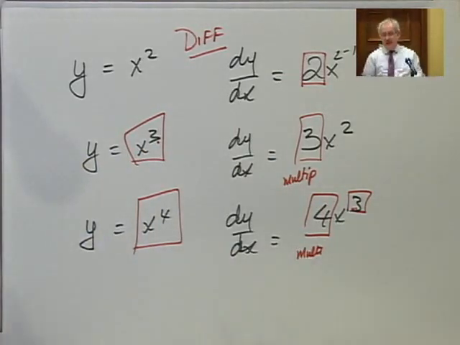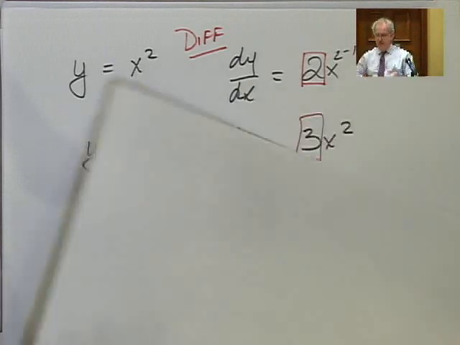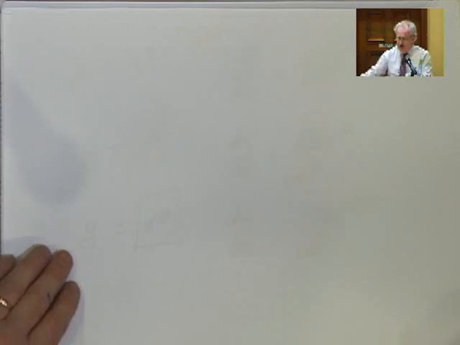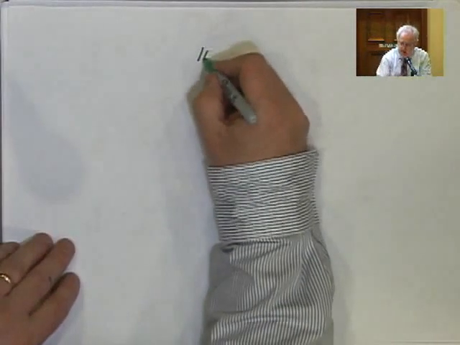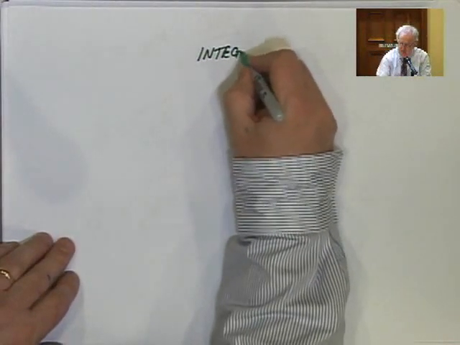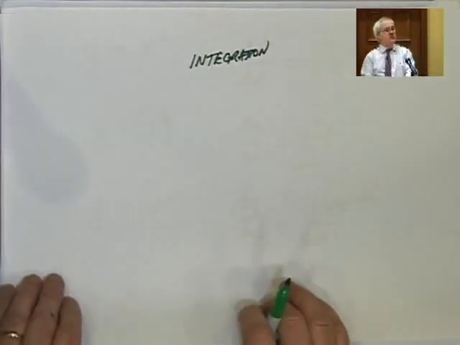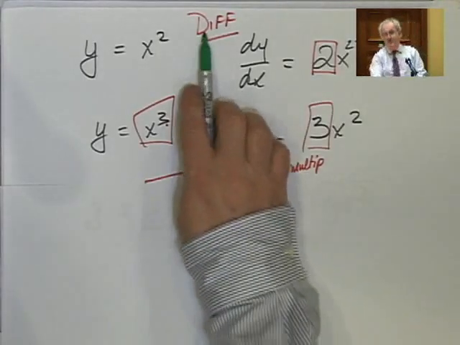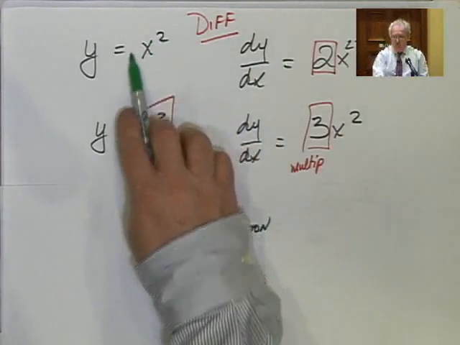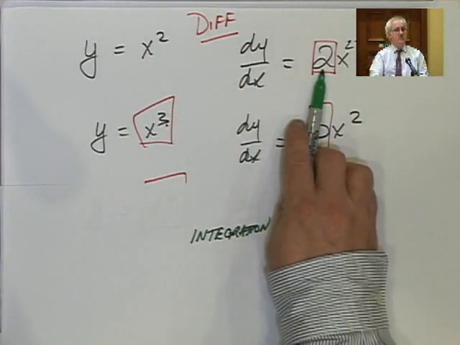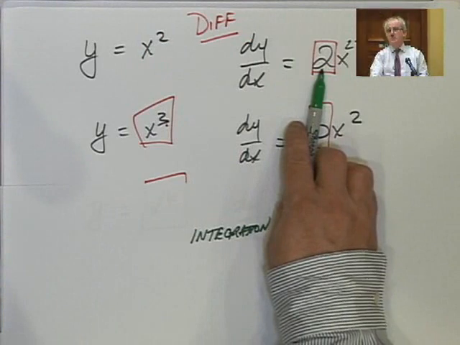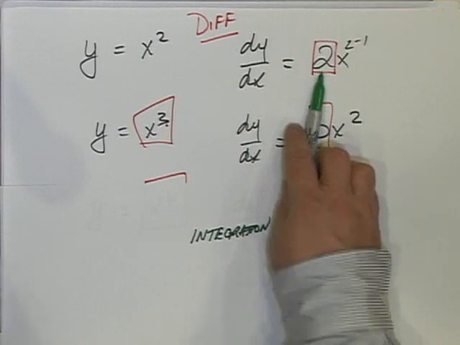Now, I don't know why they give you that without mentioning there's a way back. The opposite of differentiation is a thing called integration. That's the twin. Look and see what integration does. Well, what happened in differentiation? You used the number on the top as a multiplier. What's the opposite of multiplication? Division.